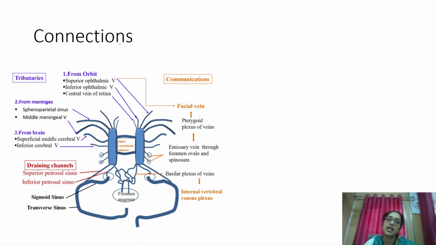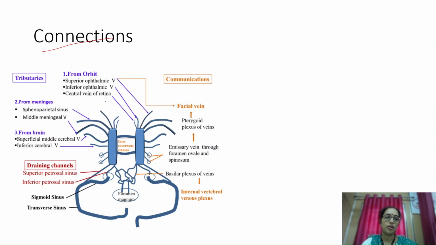So to understand what can be the particular etiology that is causing cavernous sinus thrombosis or how the infection travels, you need to know that it is a very well connected sinus. So let's understand the connections as tributaries, draining channels, and other communications.